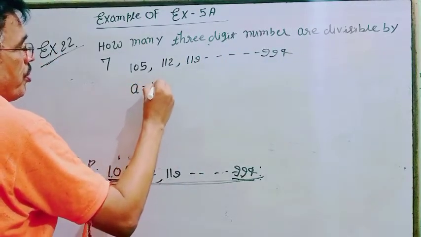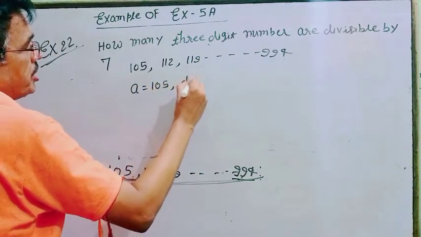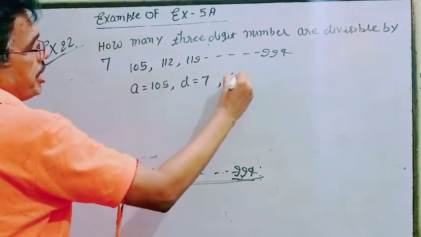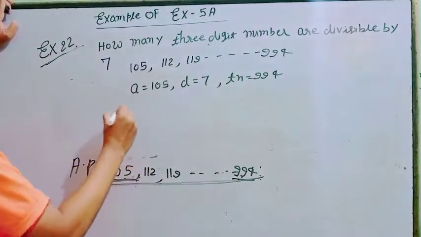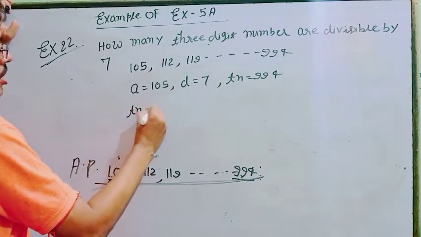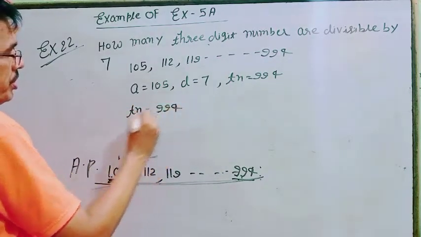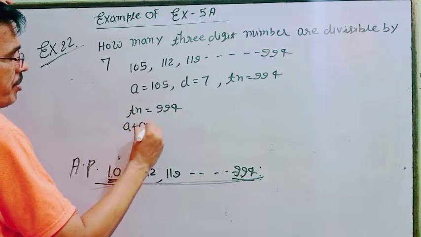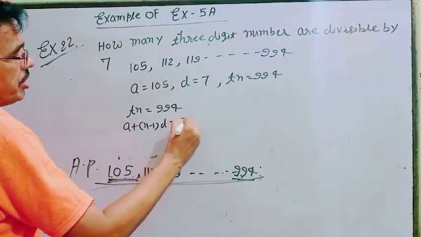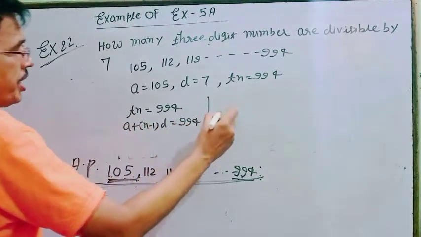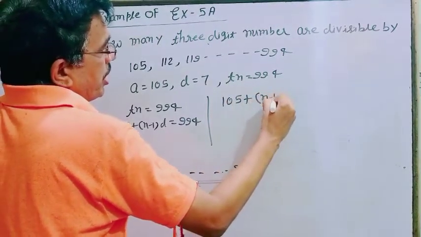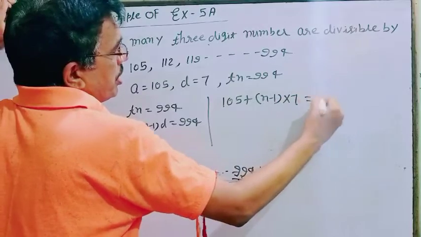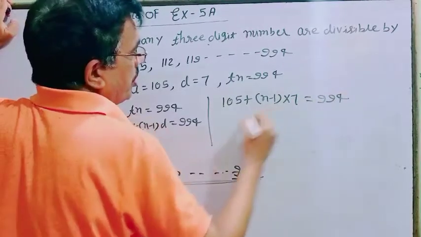A is equal to 105, D is equal to 7 and Tn is equal to 994. Then A plus (n minus 1) into D is equal to 994, so 105 plus (n minus 1) into 7 is equal to 994.